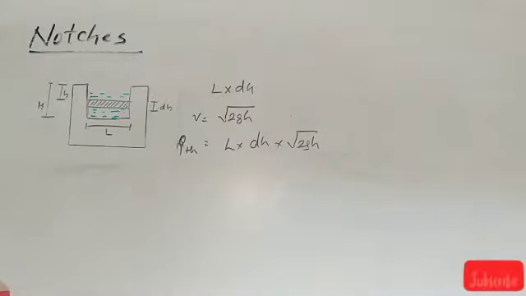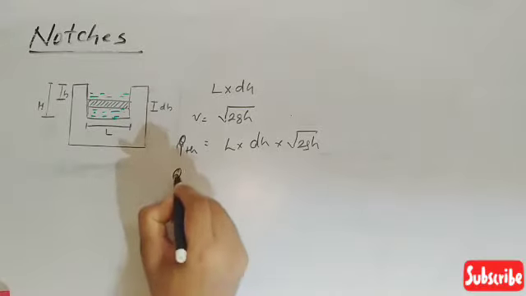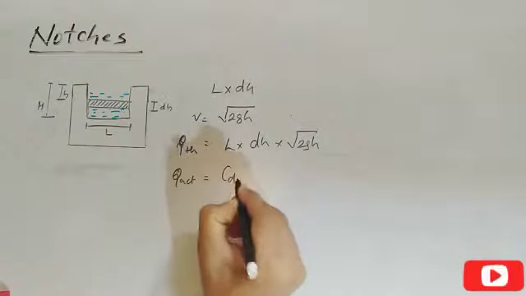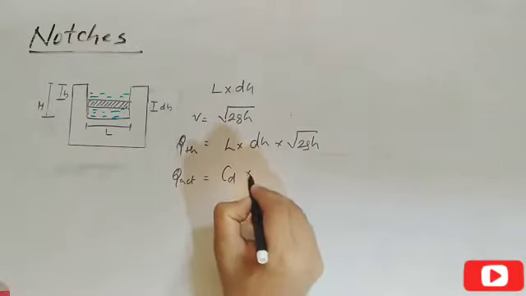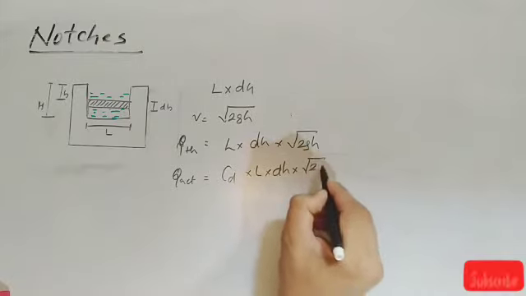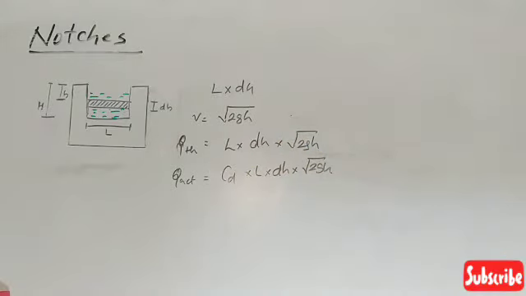Therefore the actual discharge Q actual will be equal to CD into L into dH into root 2gh. Now this is the actual discharge.